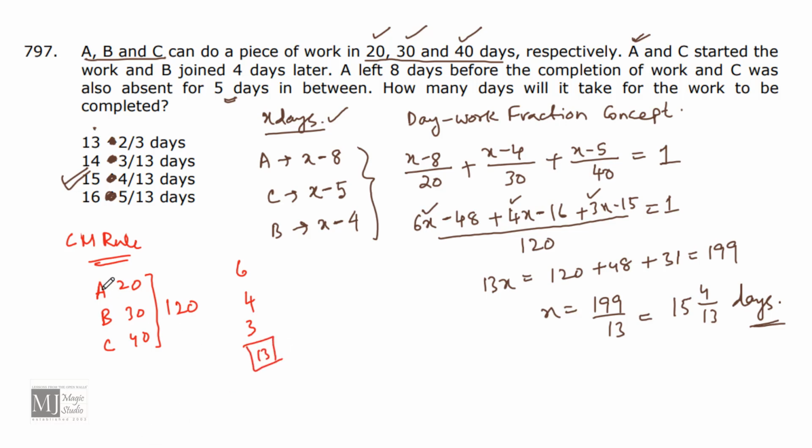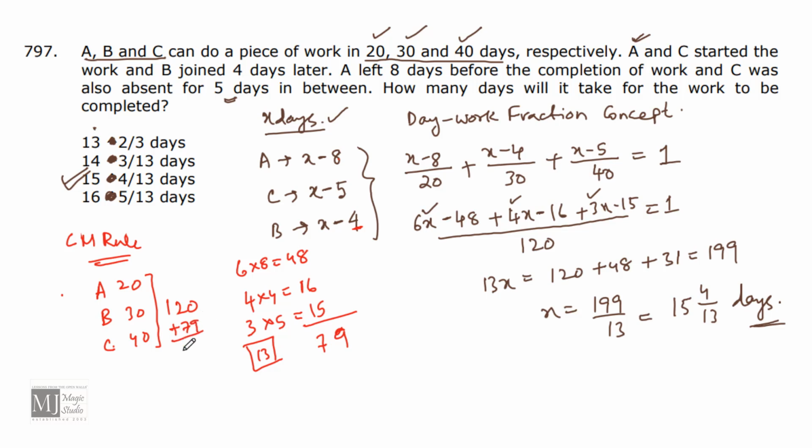That is 13. Now, A worked for 8 days less. Multiply 6 by 8, that is 48. B works for 4 days less, 4 into 4 is 16. C works for 5 days less, 3 into 5 is 15. Find the total, that is 79.